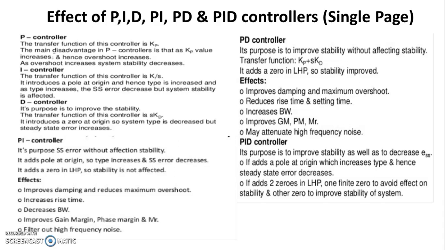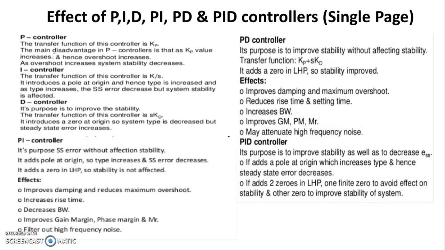And next, the PI controller. Its purpose is to reduce steady state error without affecting stability. Because when you are adding PI, it adds a pole at the origin, so the type increases and the steady state error decreases.